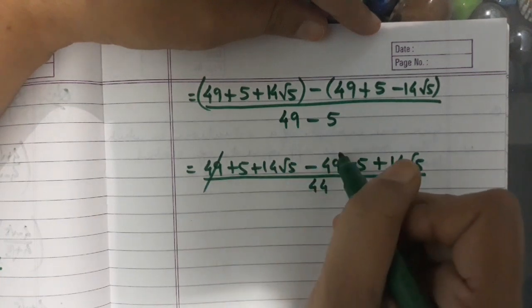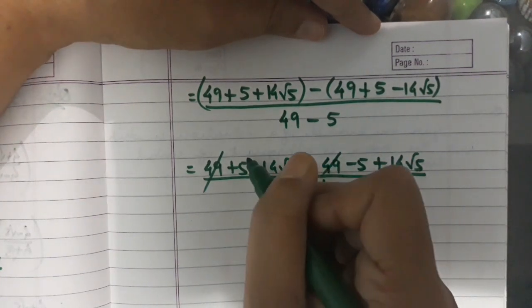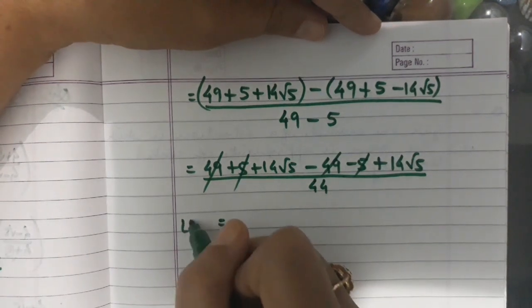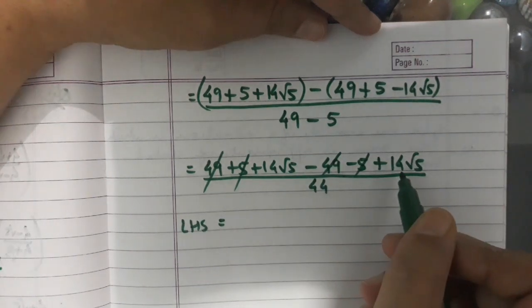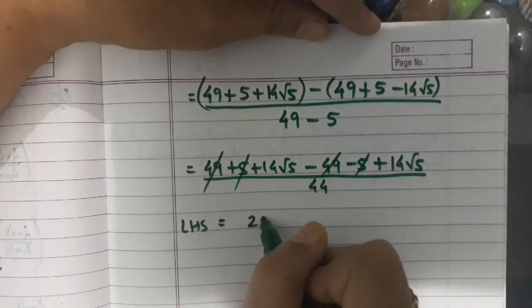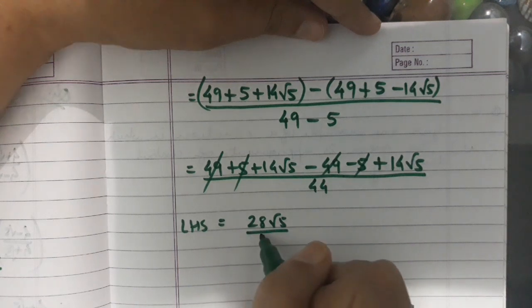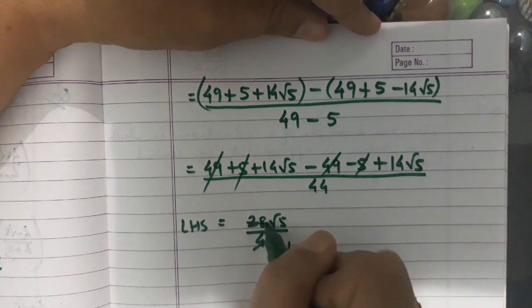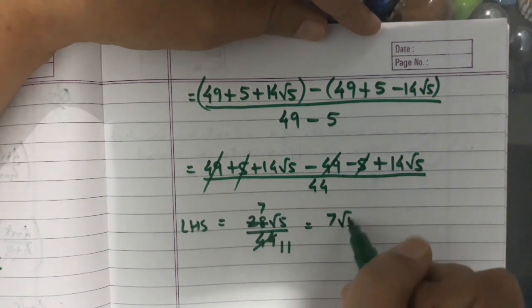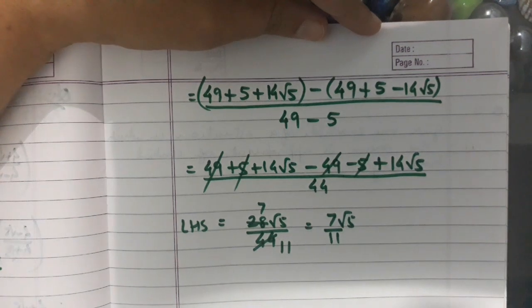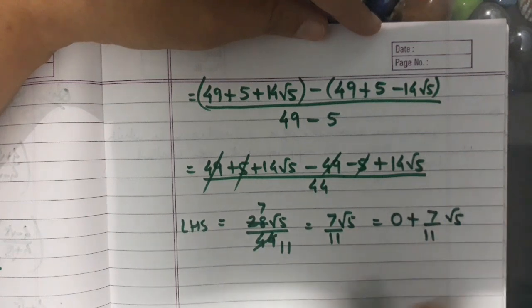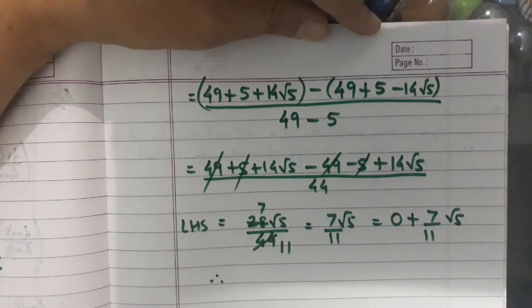So plus 49 and minus 49 get cancelled, plus 5 and minus 5 get cancelled, and we obtain the left hand side as 14 root 5 plus 14 root 5, which comes out to be 28 root 5 upon 44, which we can simplify. 4 11s are 44, 4 7s are 28, so the left hand side comes out to be 7 upon 11 root 5, which can be written as 0 plus 7 upon 11 root 5. Now we equate it to the right hand side.